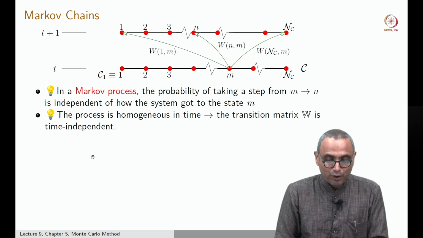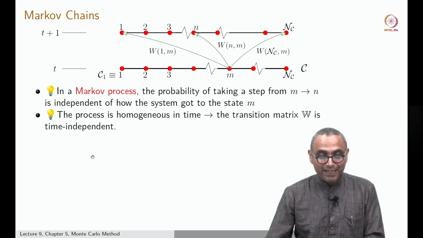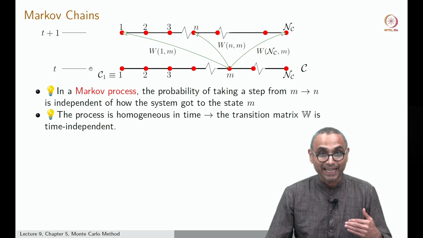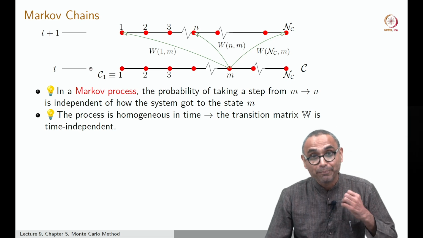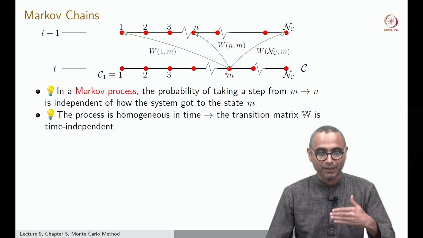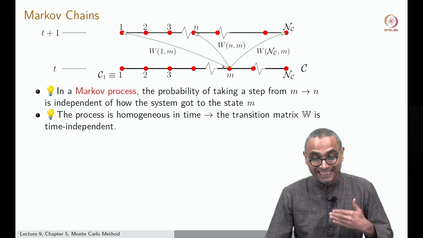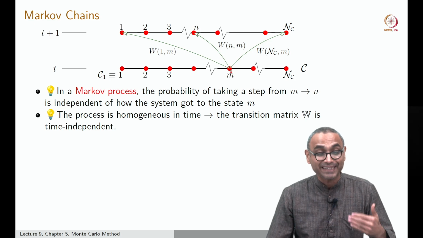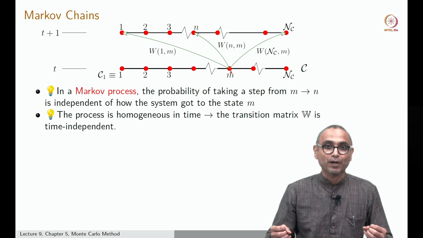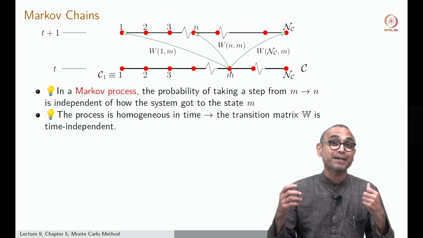In a Markov process, the probability of going from M to N at a given time does not depend on how the system reaches the configuration M at time t. So it has a history. A Markov process does not remember history.